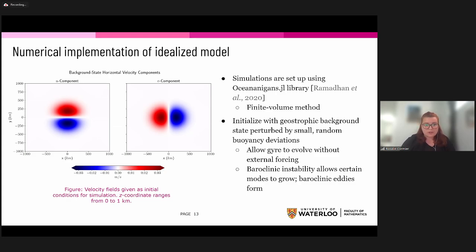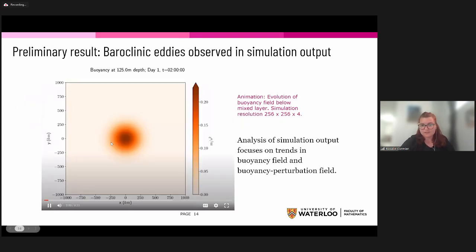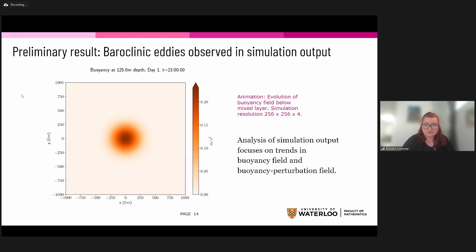So unfortunately, we're pretty early in the stages of executing these simulations, but I did want to share one example of the baroclinic eddies that are observed in our simulation output. So this is the buoyancy field at 125 meters depth in our simulated gyre, and you'll see it takes a couple days of simulation time, but eventually around day 3, day 4, we start to see some more coherent wave-like structures emerge, and those are characteristic of baroclinic eddy mixing.